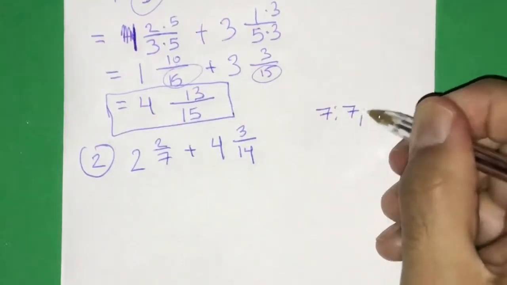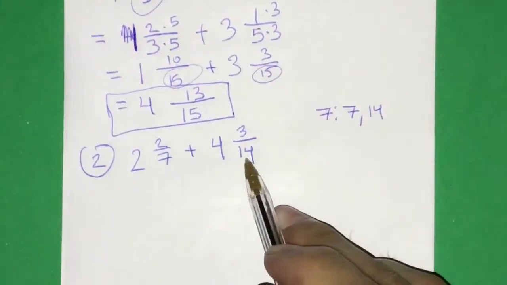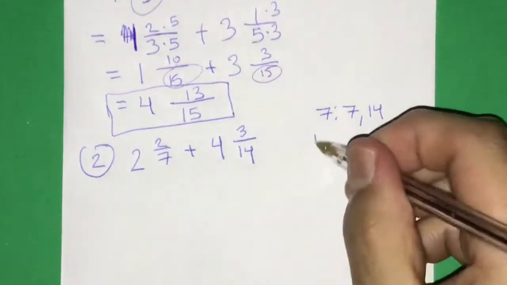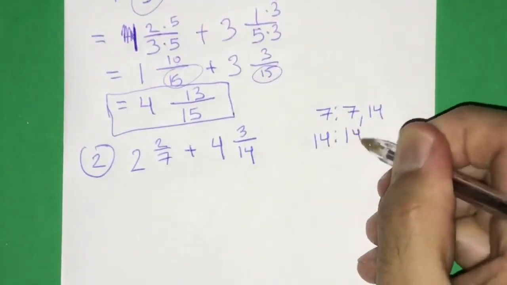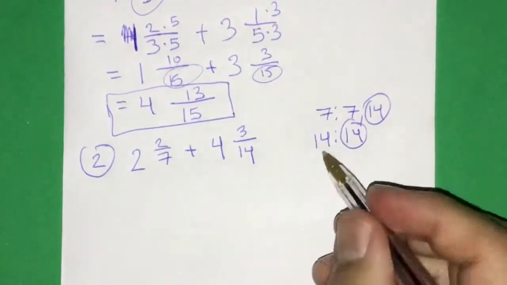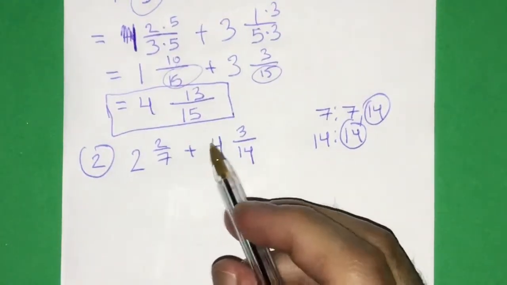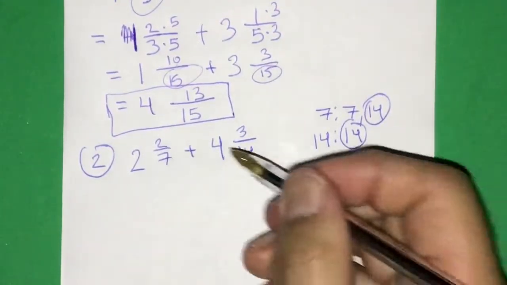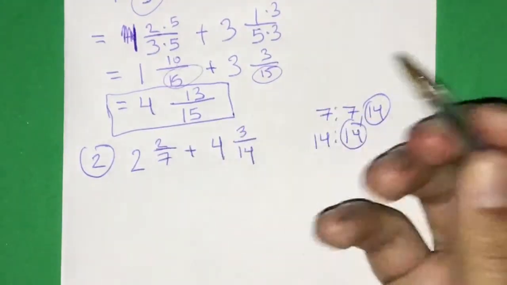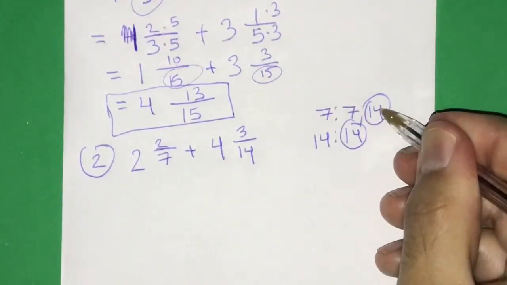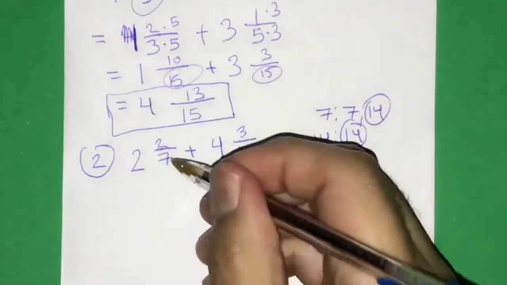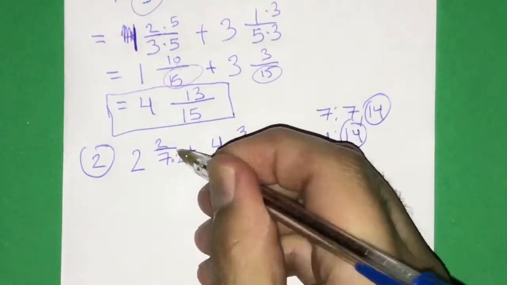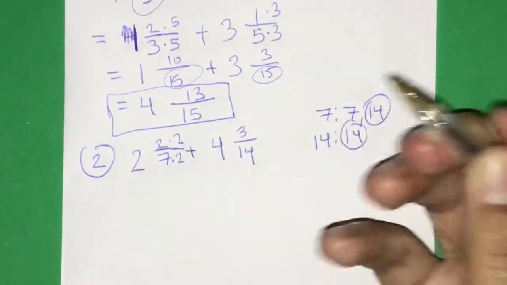We get 7, 14. So it looks like 14 is going to be our lowest common multiple. Let's get a common denominator now. We're going to have to multiply this 7 by 2, so we multiply the denominator by 2, and we also multiply the numerator by 2.